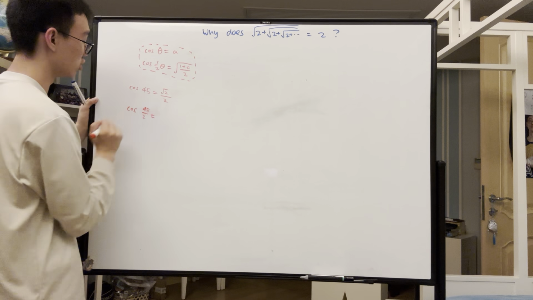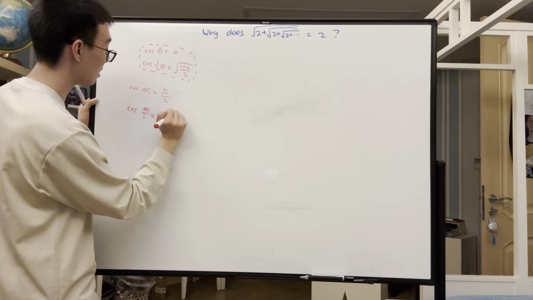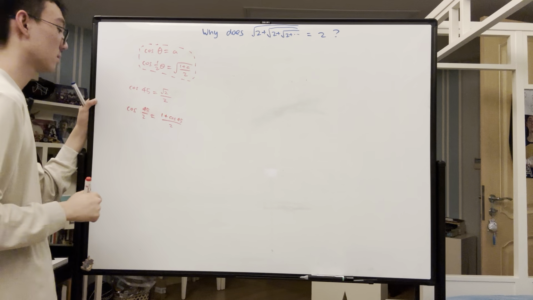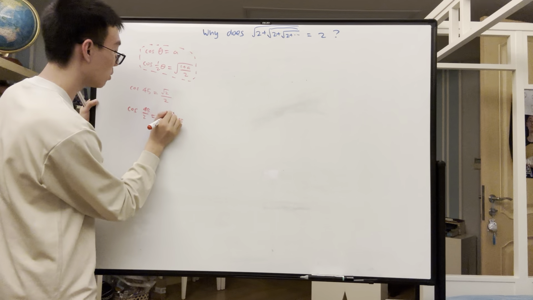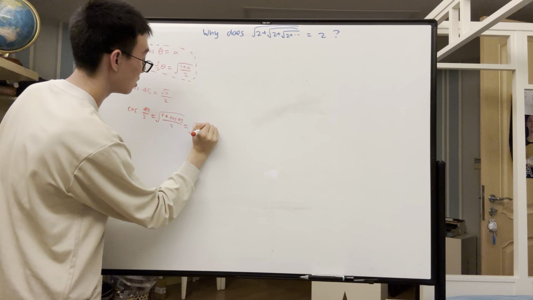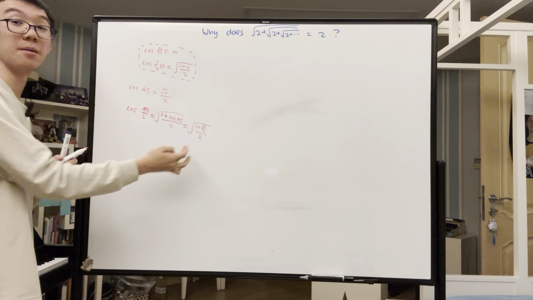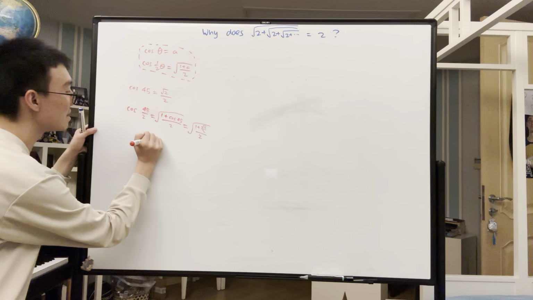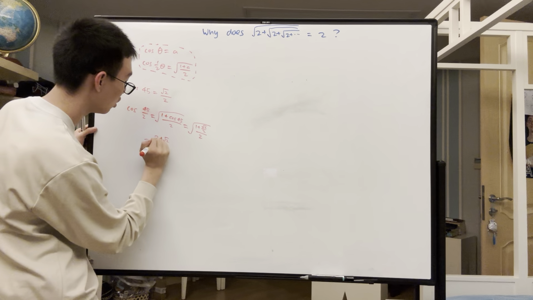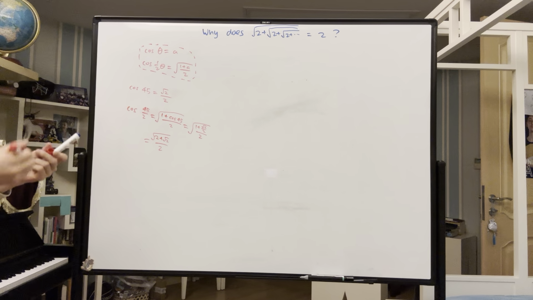And this would be equal to, you take 1 plus cosine 45 over 2, all in square root, which would be, and if you multiply both the top and bottom by 2, you would get that this is equal to 2 plus root 2 over 2, where only the top is in root.